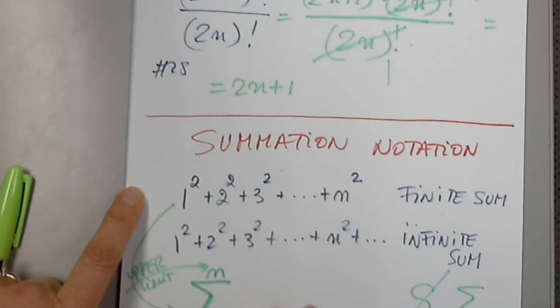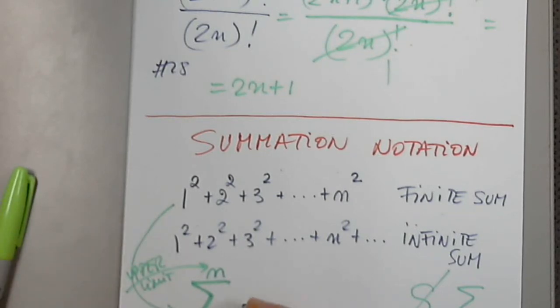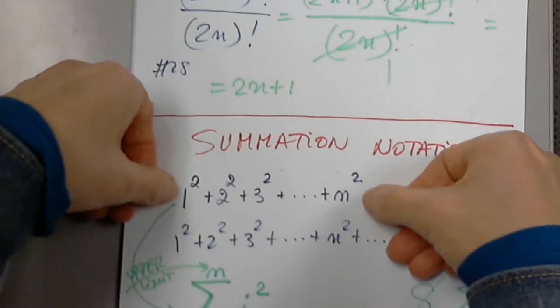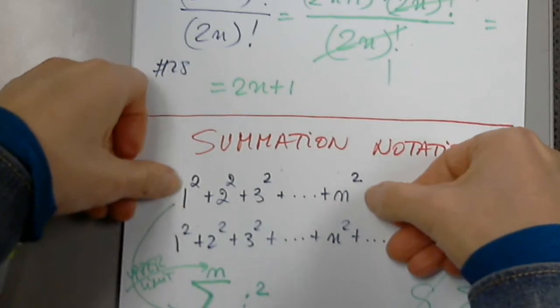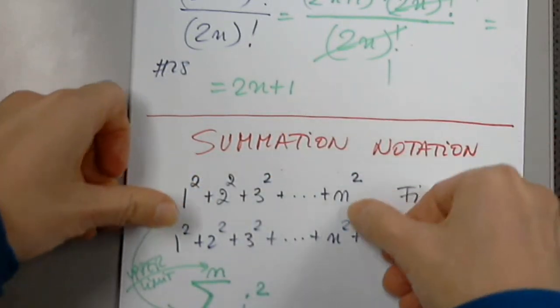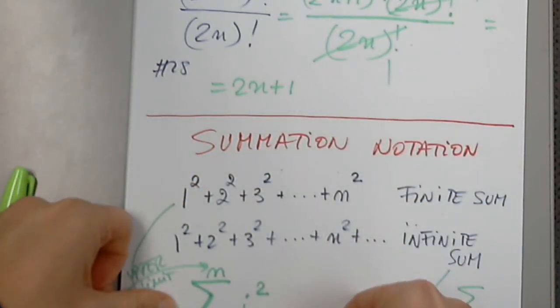Of what? Of I to the second power. And of course, every time we invent a notation, it comes with properties. So stay with me for one more time here. This notation, all this, can be replaced by this. How?